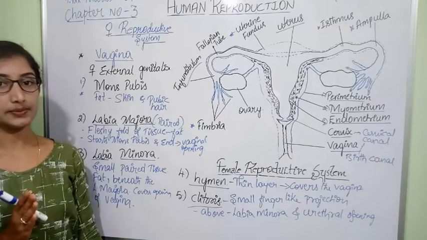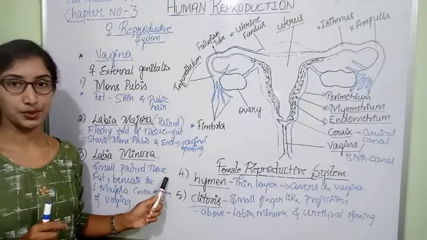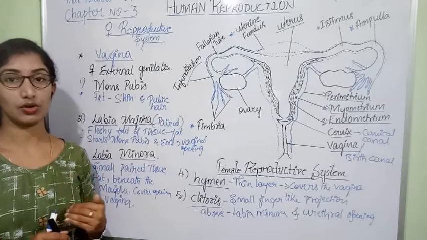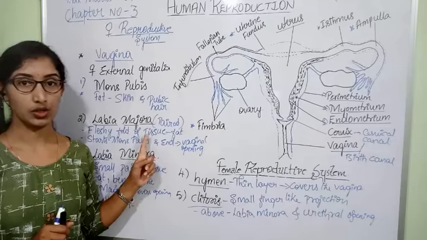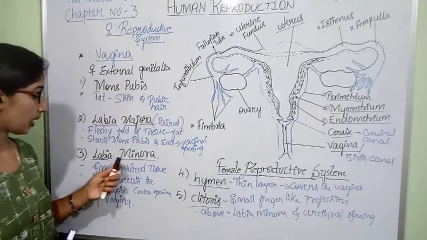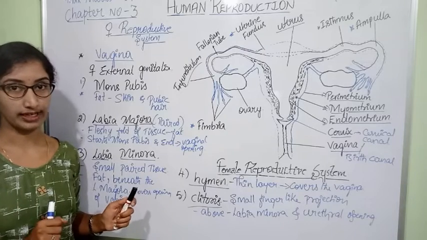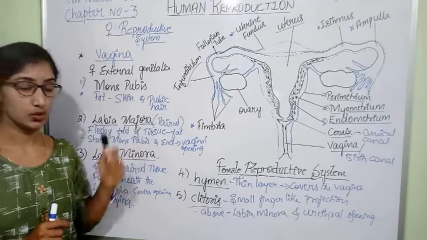Labia minora are small paired tissues present just beneath the labia majora, and are also made up of fat.